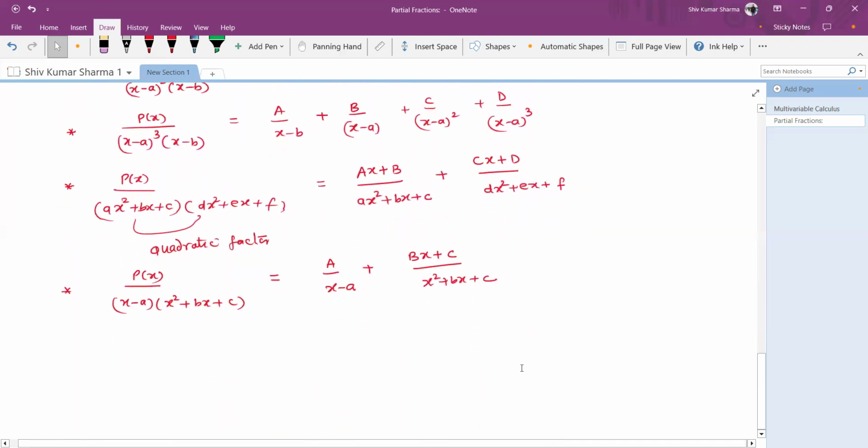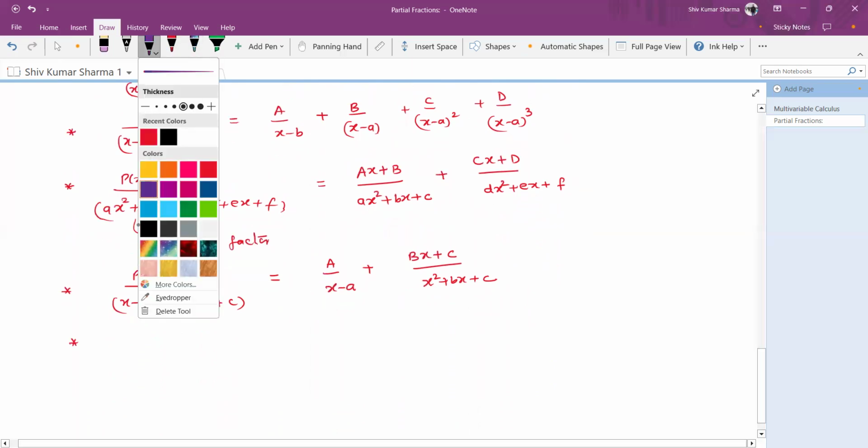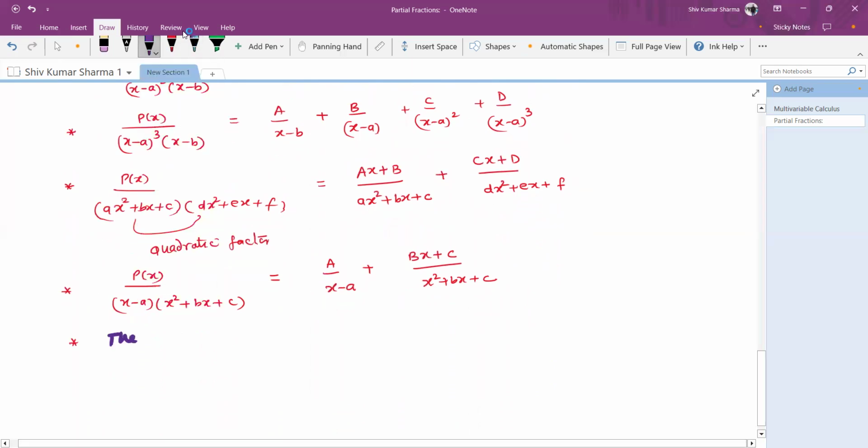In some cases, the degree of the numerator is greater than the degree of the denominator.